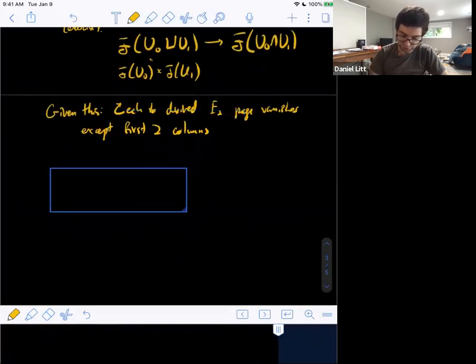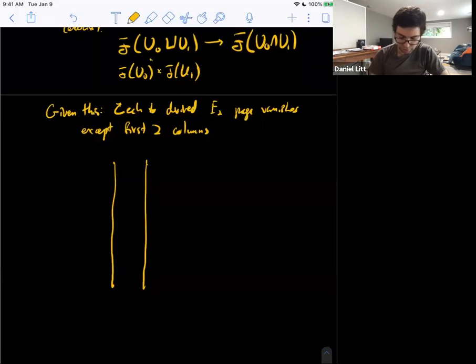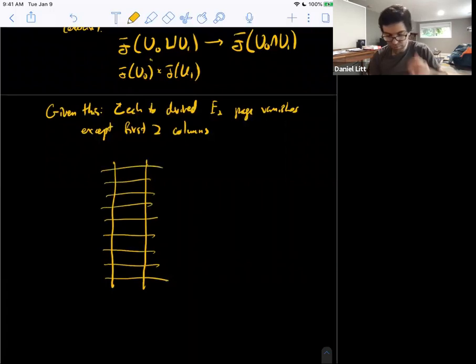Let me draw a picture. Here are two columns and here are some rows. Then what happens? Suppose you want to compute H1. You're looking at these two rows.